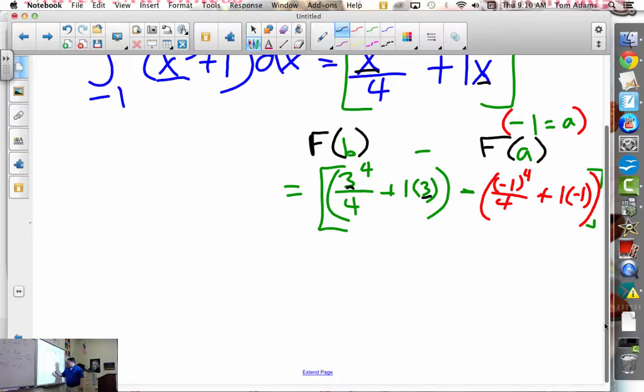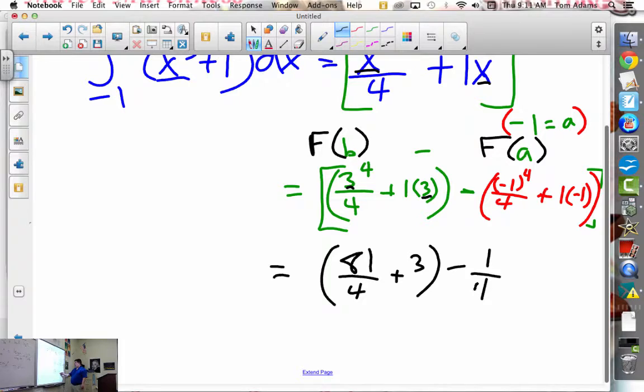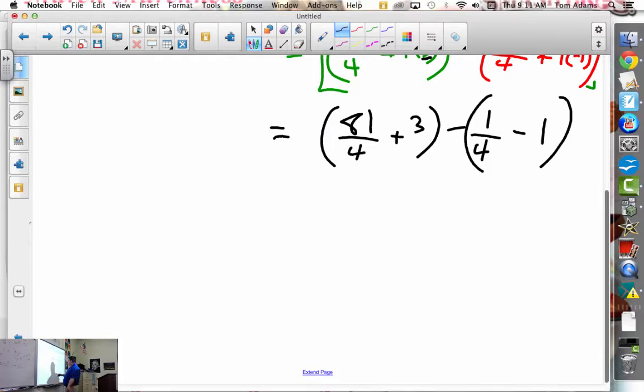Now in the next line, what's 3 to the 4th power? Is that 81? Yeah. So I've got 81 over 4 plus 3, minus, this is a positive 1 over 4 minus 1. I'm going to go old school here to flex my mad skills of common denominators.